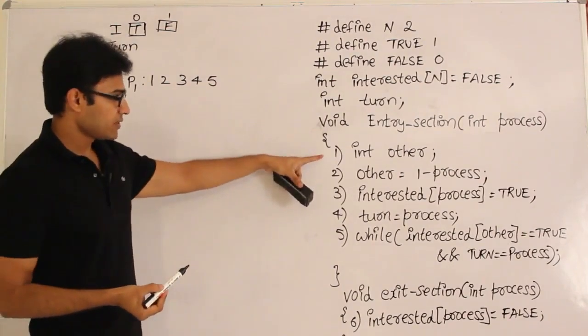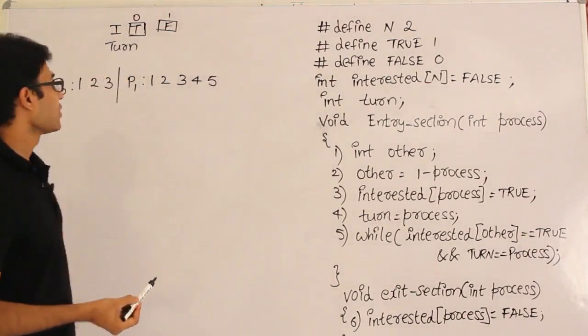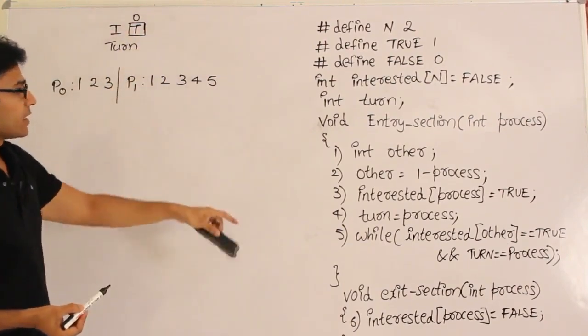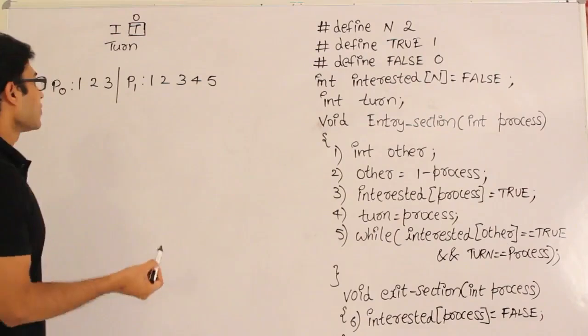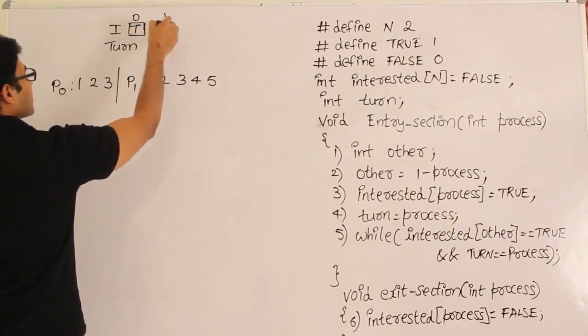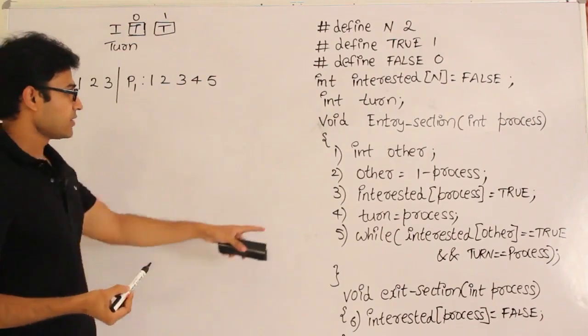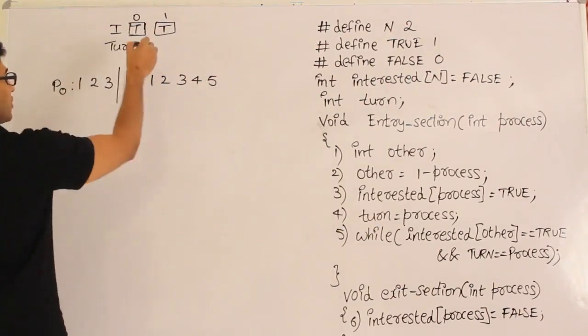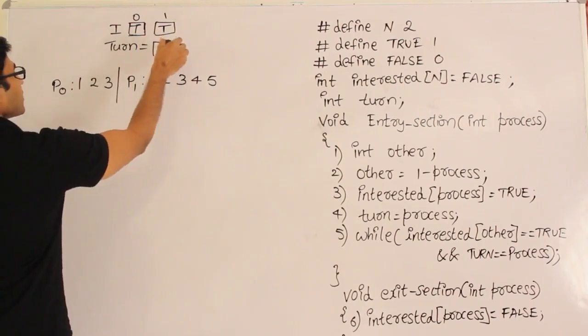Now P1 has executed 1, 2, 3, 4 and 5 also. At the third line, P1 sets interested of process equal to true, which means P1 is saying that it is interested. The next line sets its own turn, which means the turn variable will be set to 1.